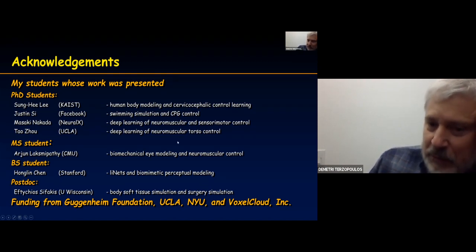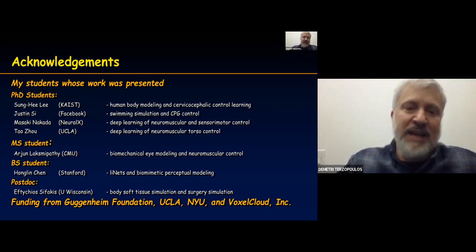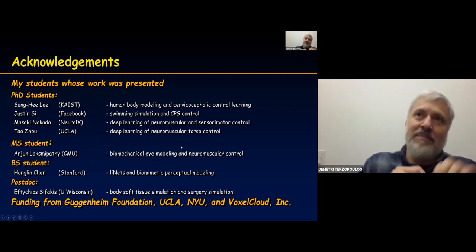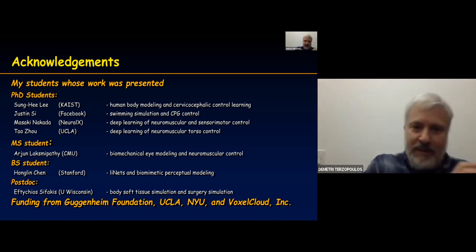And even though I think this is important work, to be honest, I haven't been able to get much funding for this kind of work from regular channels, meaning the National Science Foundation or whatever. I had an early grant from DARPA, a small grant that started a somewhat earlier project than this. But ever since then, it's been basically funding from UCLA, the Guggenheim Foundation, and NYU, because Sung-Hee Lee started his work at NYU with me.